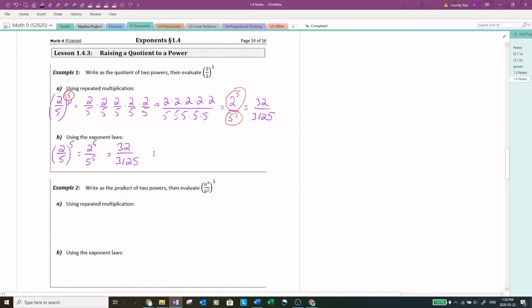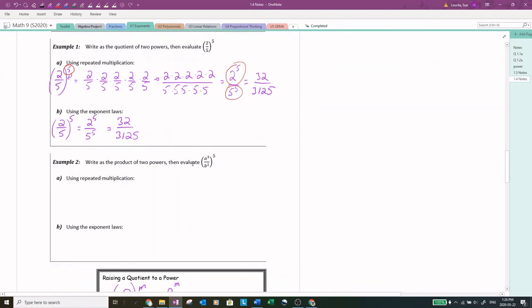All right, let's do an example using variables. So we have a cubed over b squared all to the 5. This is a cubed over b squared times a cubed over b squared times a cubed over b squared times a cubed over b squared times a cubed over b squared.